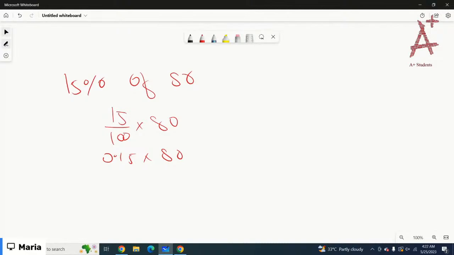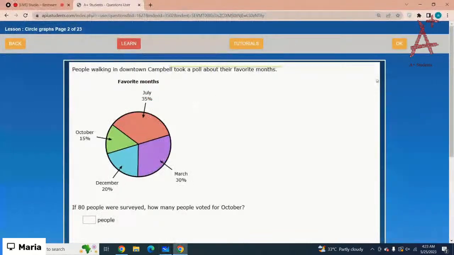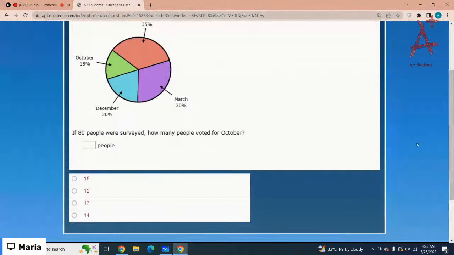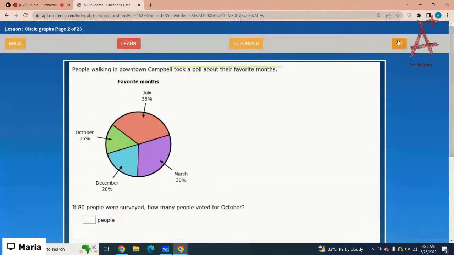That means 12 people voted for October. So the correct option is October. Just select the correct option and click on the OK button.